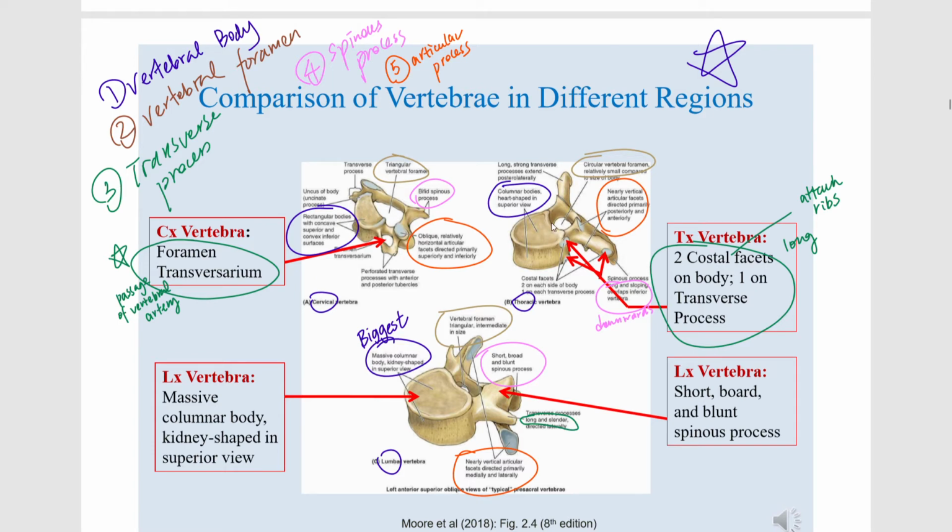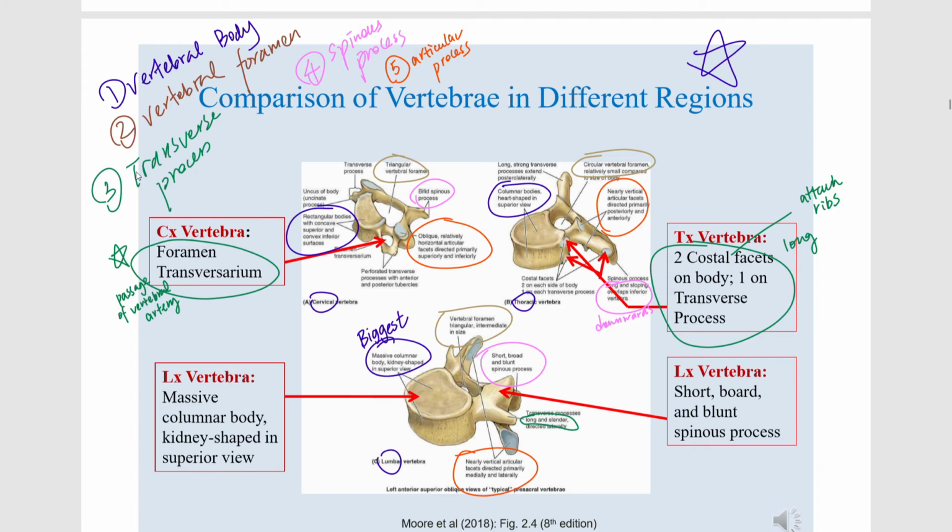It's smaller. And in the lumbar region, the vertebral foramen is also a triangular shape, but it's intermediate in size. It's the middle size when compared among all three vertebral foramina.